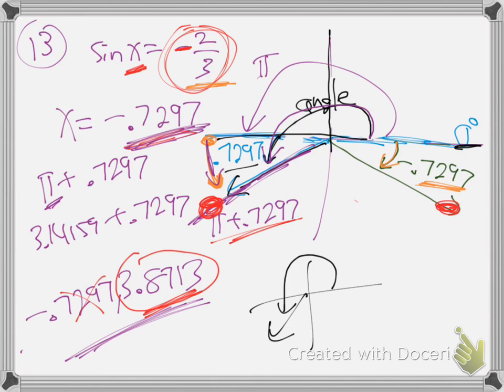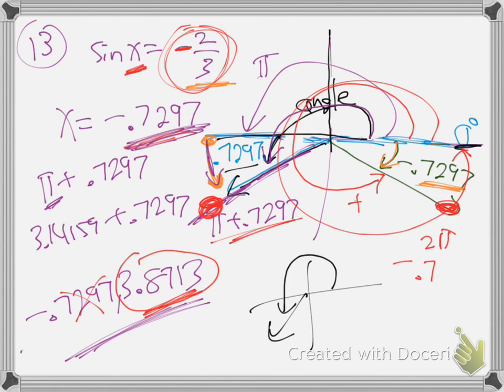Now, what about this one? He's negative 0.7297, but they don't want me to say it that way. Okay, well, how do you say it positively? How do you say how far from here to there positively? Good job. All the way to here, 2 pi, subtract 0.7297. That makes sense? Go all the way 2 pi and then back up 0.7297.